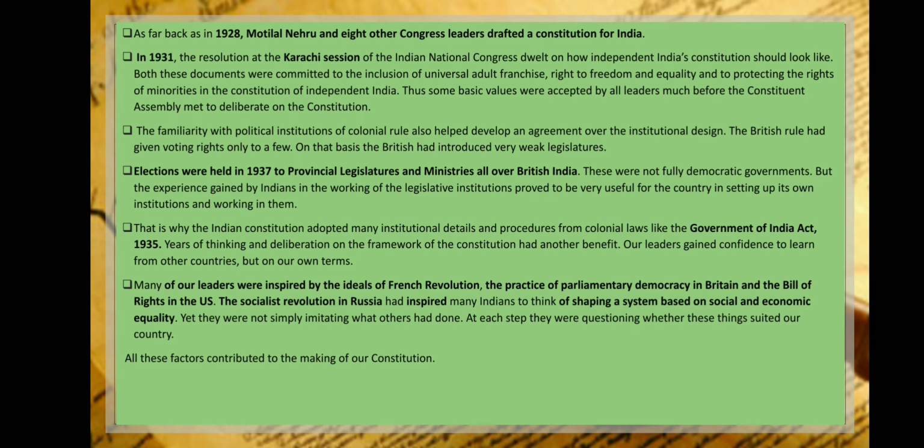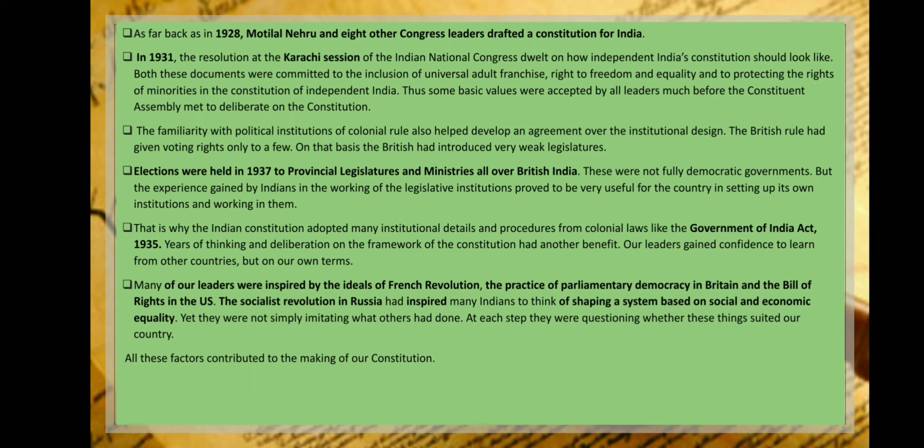As far back as in 1928, Motilal Nehru and 8 other Congress leaders drafted a constitution for India. In 1931, the resolution at the Karachi session of the Indian National Congress dwelt on what independent India's constitution should look like.